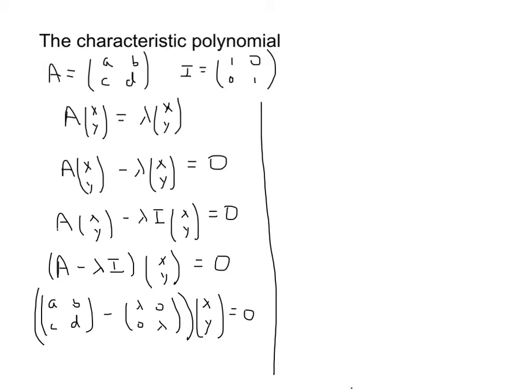And then putting it together, I have that that's A minus lambda, B, C, and D minus lambda.